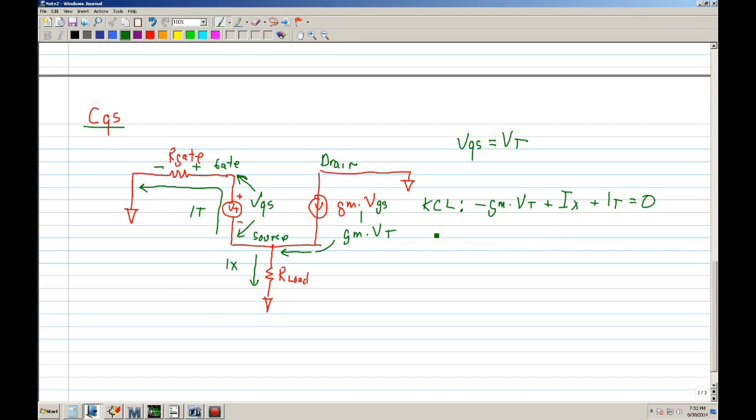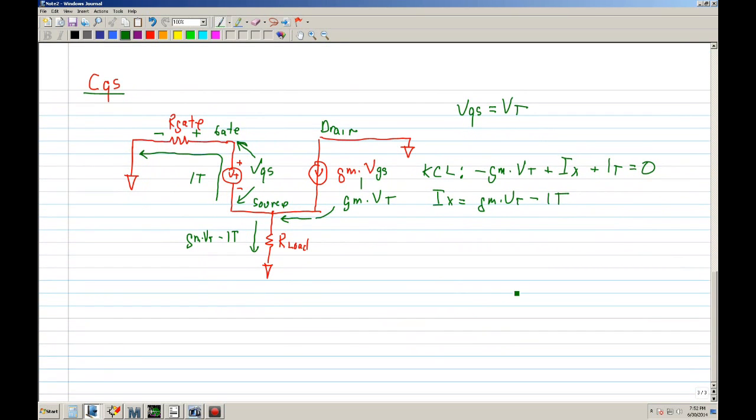Okay, so we solve for IX, which means that should be GM VT minus IT. So I can say that this current going through the R load is GM VT minus IT.